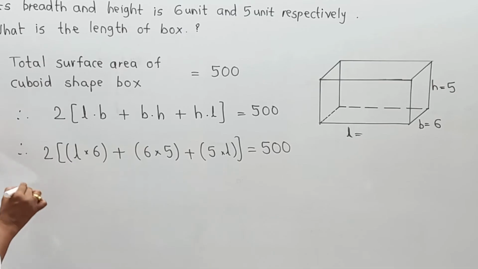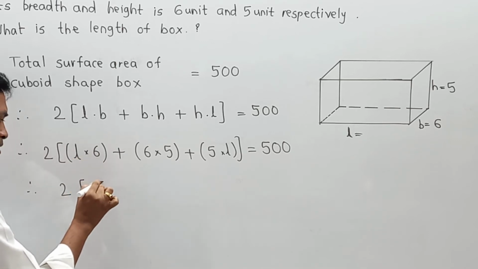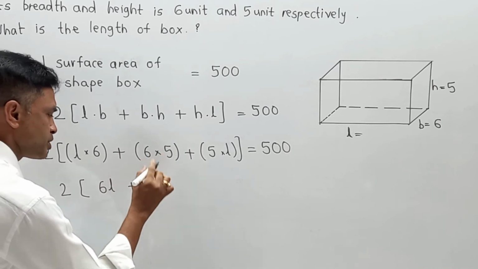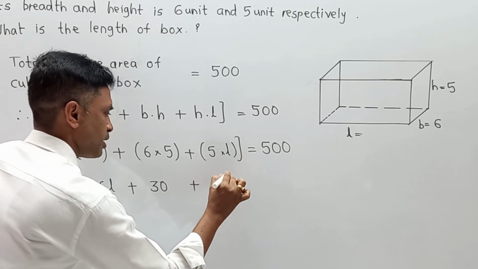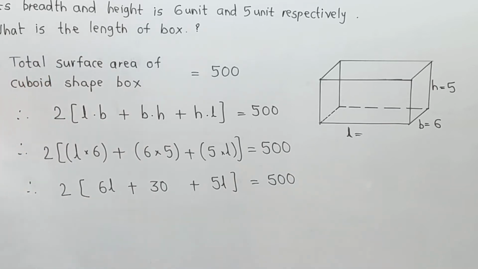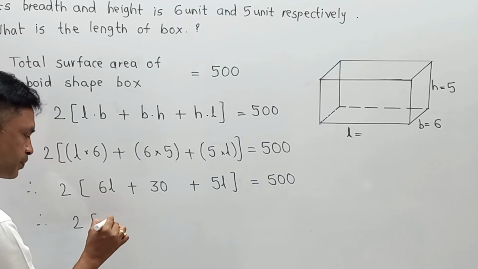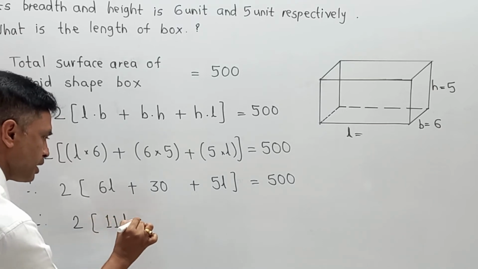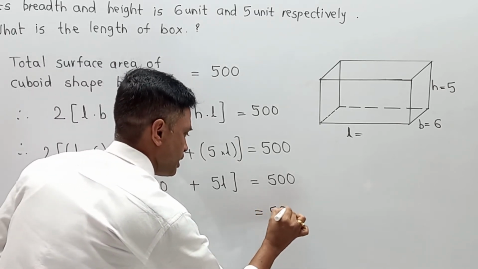Simplifying, 2 into bracket L into 6 means 6L plus 5 into 6 means 30 plus 5 into L means 5L is equal to 500. Now one by one, 5L plus 6L, so it becomes 2 into bracket 11L plus 30 is equal to 500.